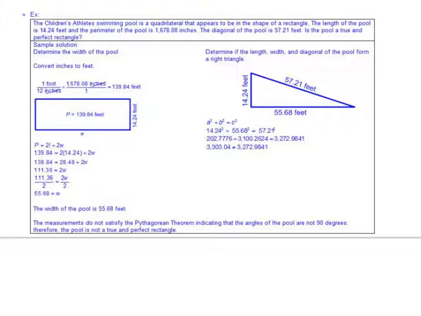If I add these together, I get 3,303.04, and that is not equal to 3,272.9641. So what that tells me is these measures do not satisfy the Pythagorean theorem, indicating that the angle of the pool is not 90 degrees.